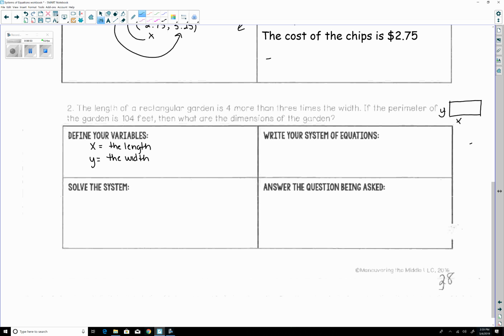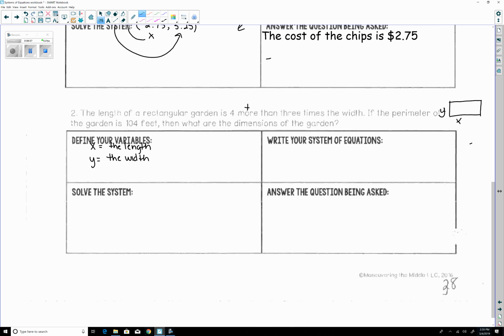And they said the length of the rectangular garden is 4 more than 3 times the width. Okay? So x is going to equal, the length equals, oh, I said 3x, and I bet you that was confusing. So x is going to equal 3 times the width plus 4, okay?